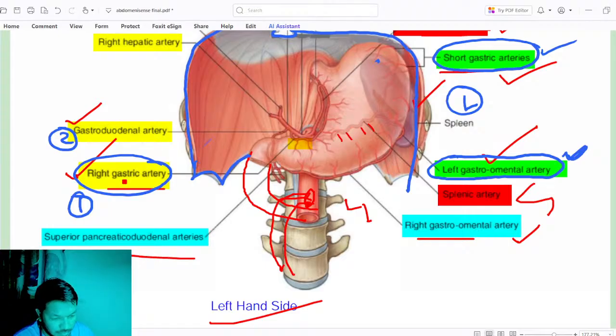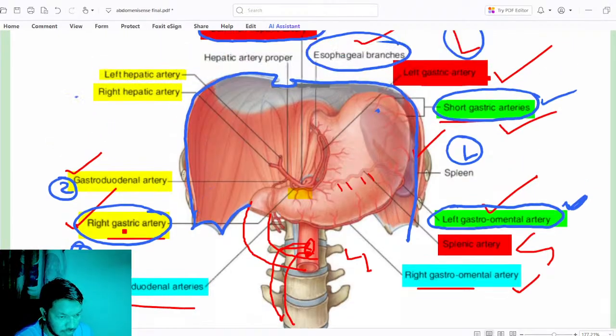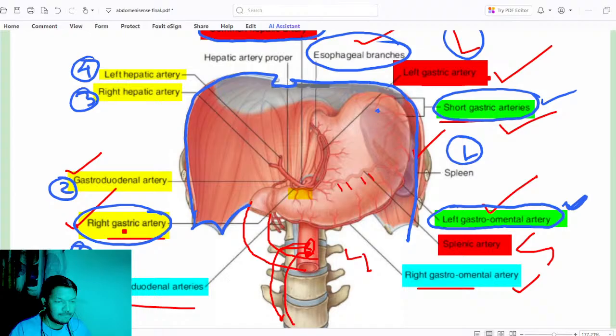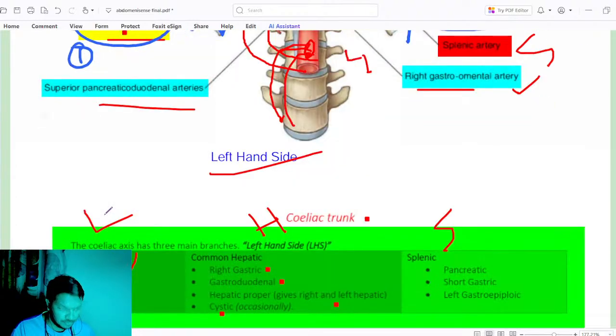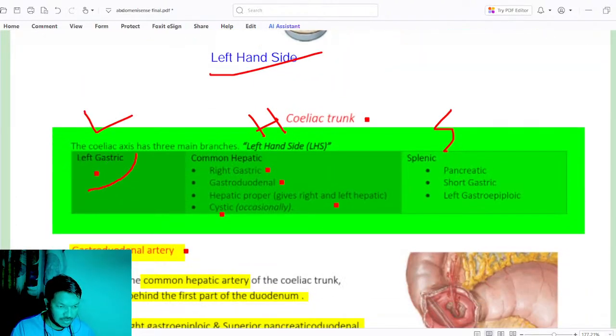Yes. Superior pancreaticoduodenal artery coming from the gastroduodenal artery. Yeah. So here you can see the left gastric artery.